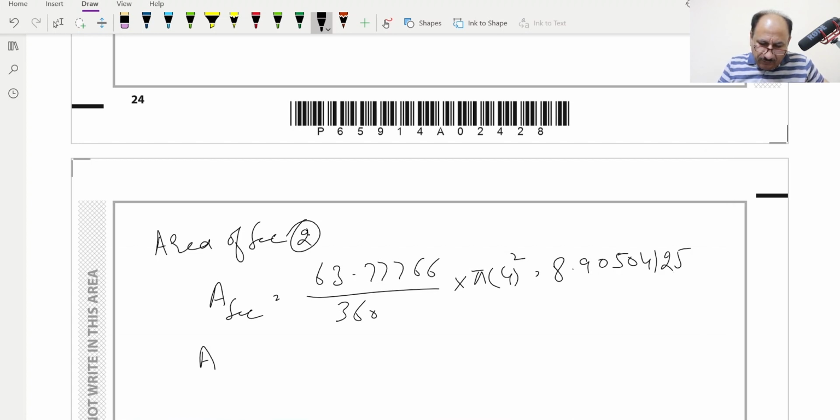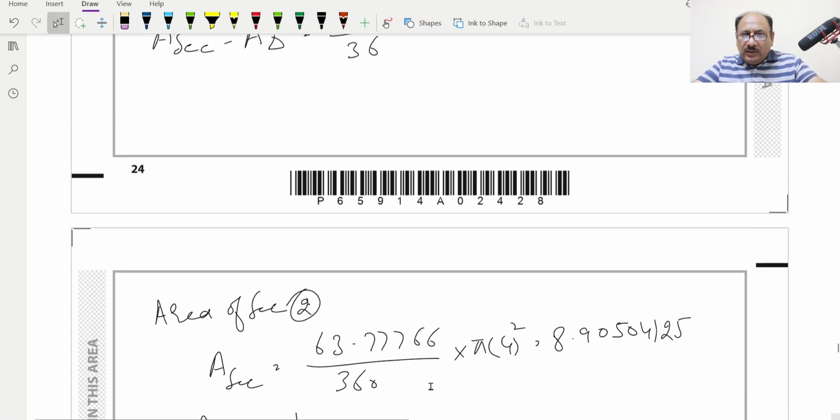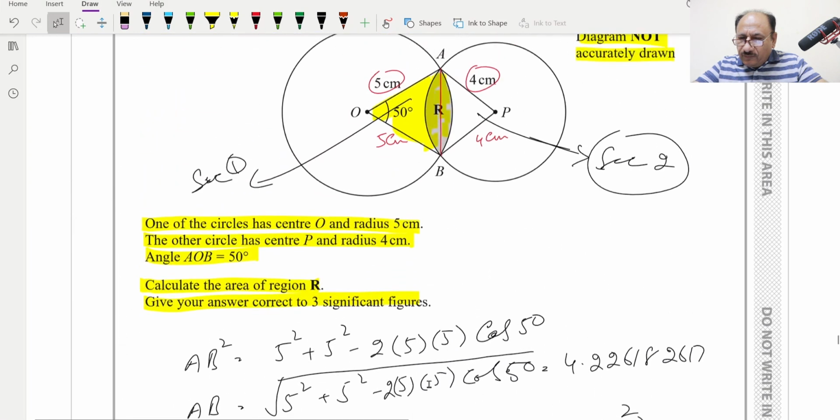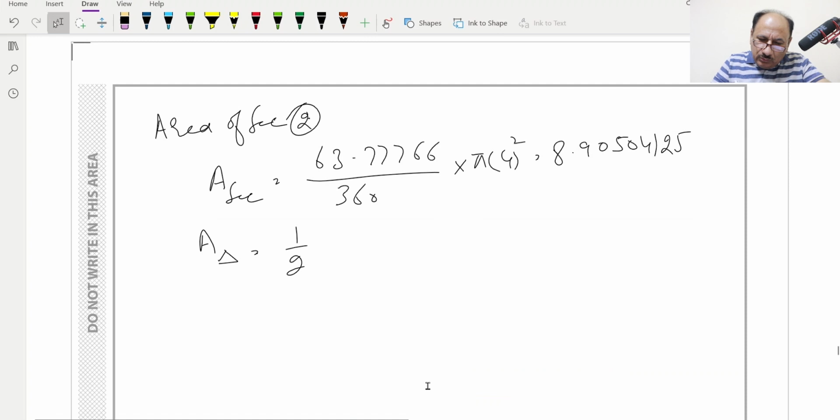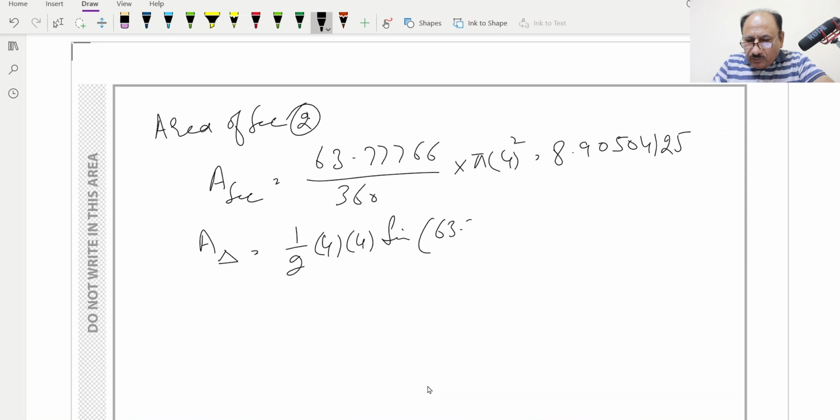So area of triangle will be half into AB sine C, and the side length is 4 centimeters, so half into AB and sine of the angle, and the angle is 63.77766.